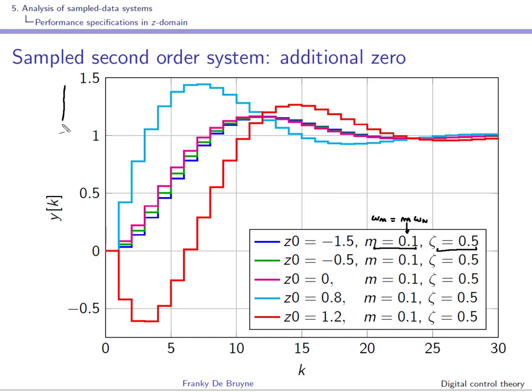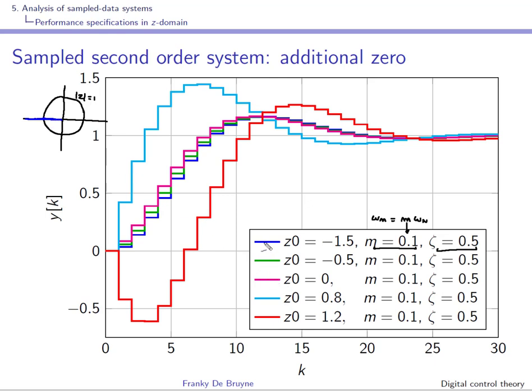So we'll draw the unit circle over here. This is the complex plane Z, and this is the unit circle, and you can see that in this region over here that I'm showing you now, the influence of the zero is rather small.